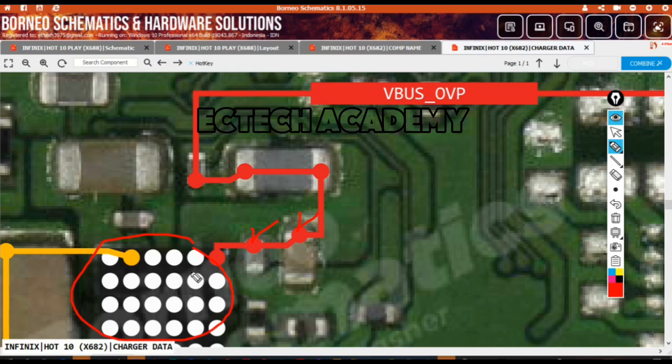This is a ball IC. In order to check anything along this side, we have two types of IC: we have a ball IC, and we have a leg IC.